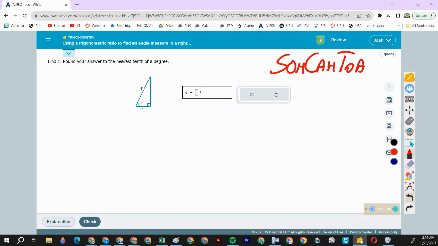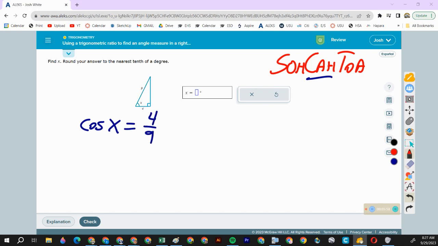Here we want to figure out how large angle X is. Which trig ratio are we going to choose? Cosine. 4 is the adjacent side and 9 is the hypotenuse. So we're going to use the cosine. The cosine of angle X is 4 over 9.